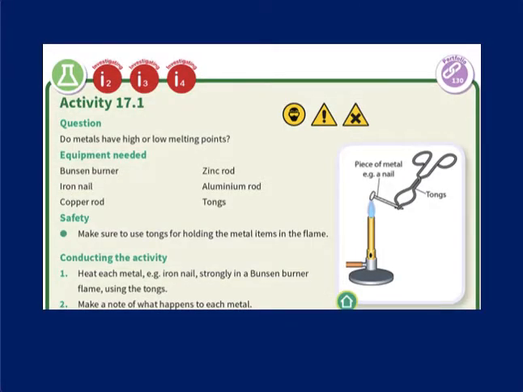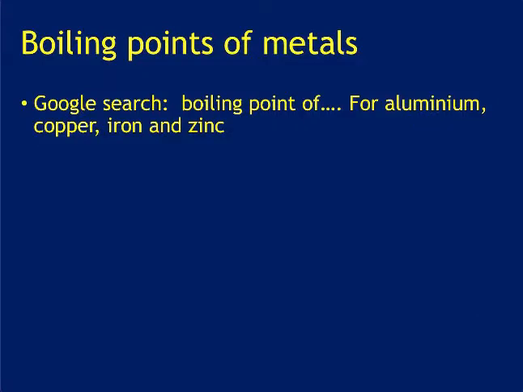Now, we would be doing this activity or something like it in school, where we'd have our Bunsen burner and our tongs, and we'd be sticking different things into the Bunsen flame to see would they melt. So unfortunately we can't do that because we are not in school. So you are going to have to do a little bit of Google searching for me. I need you to find the boiling point for aluminium, for copper, for iron, and for zinc.